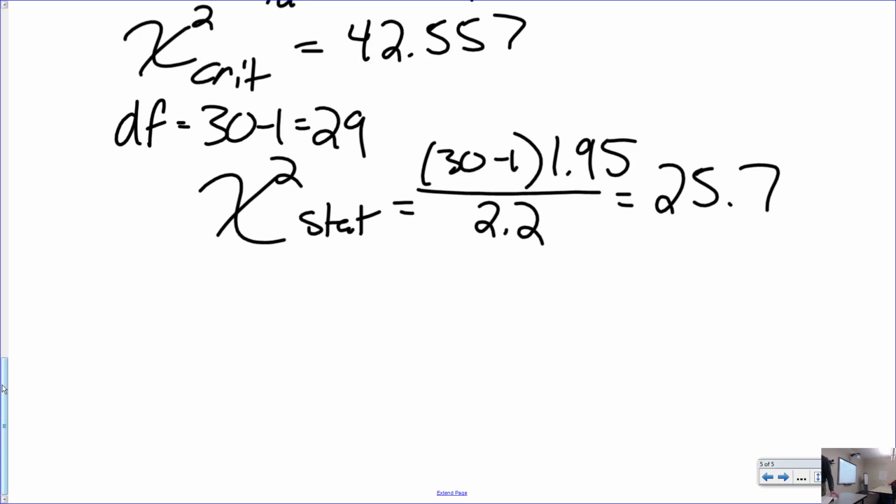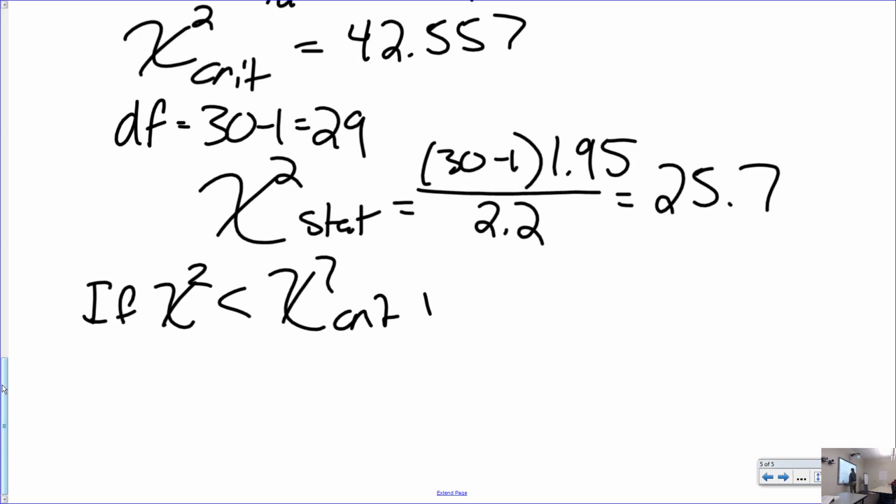Are we less than? We are less than? Less than 42.557, yeah. So if our chi-squared is less than chi-squared crit, we reject. And since it is, we can reject the null hypothesis.